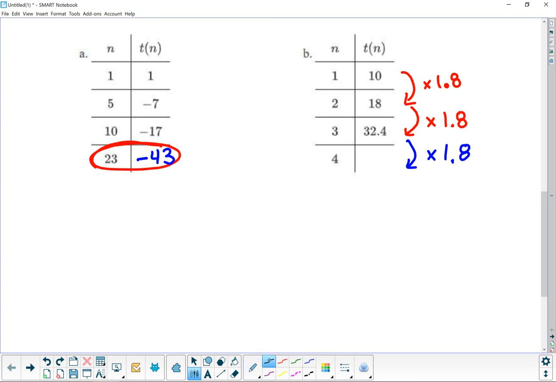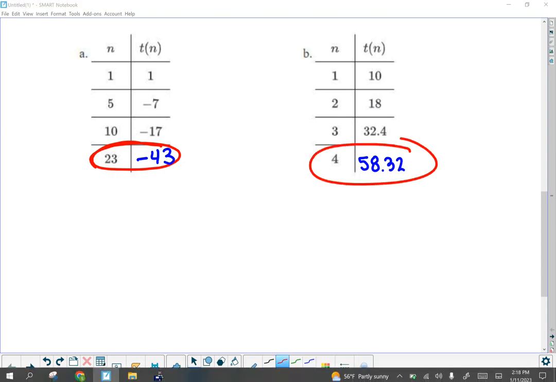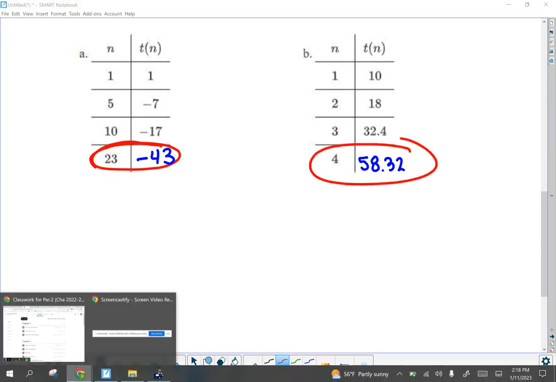So that's your answer. All of that was found by multiplying by 1.8, and that is your final answer. All right, keep working.